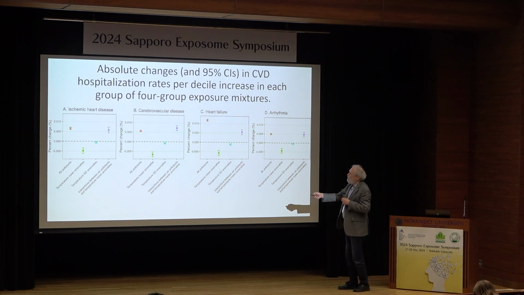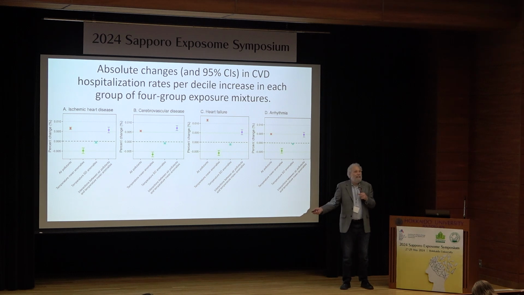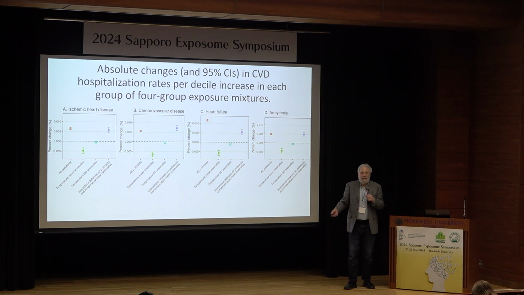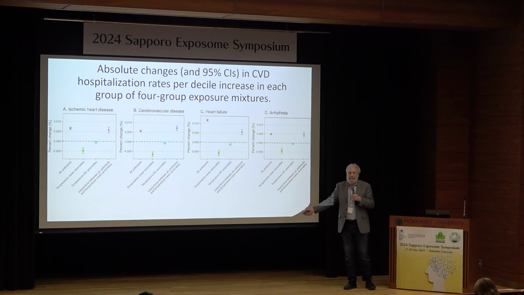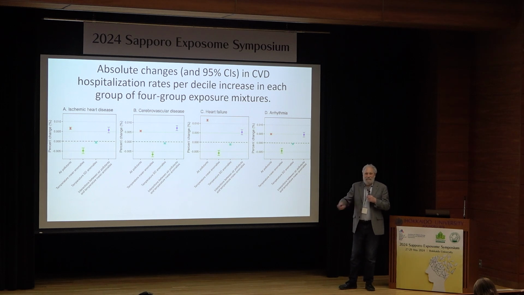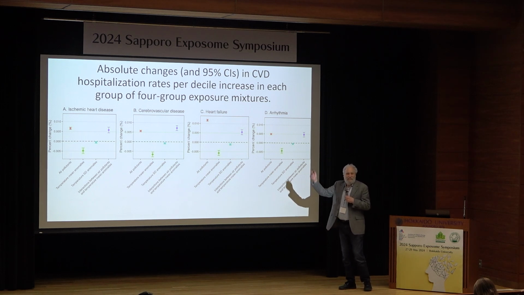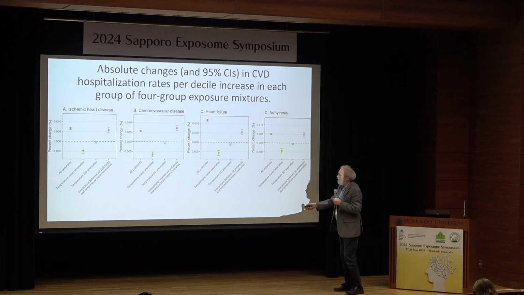So air pollution bad, warmer temperatures good. And we did a study 20 years ago looking at Medicare where we found that the risk for heart disease hospitalization just went down with increasing temperature. It wasn't U-shaped like we see with mortality. So I guess that's not a shock.